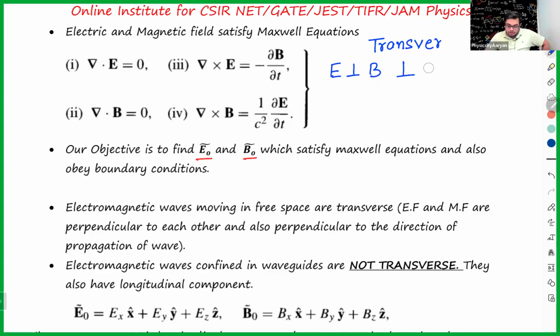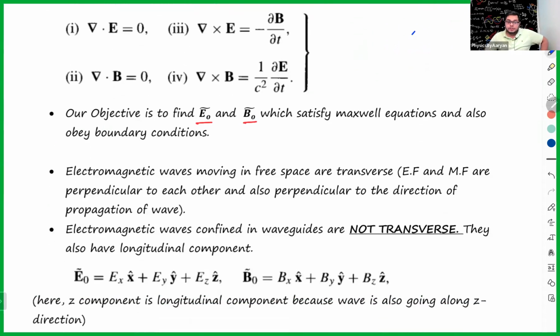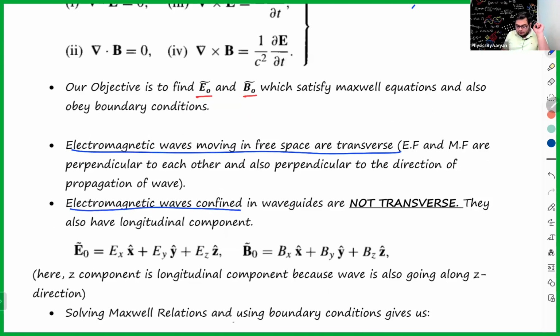Okay. So now, the main concept we say is that electromagnetic waves in free space are transverse. When the electromagnetic waves are moving in free space, they are transverse. Electric field perpendicular to wave, magnetic field perpendicular to wave, and all 3 are perpendicular to each other. But electromagnetic waves confined in waveguides, when they move in some sort of confined area, are no longer transverse.